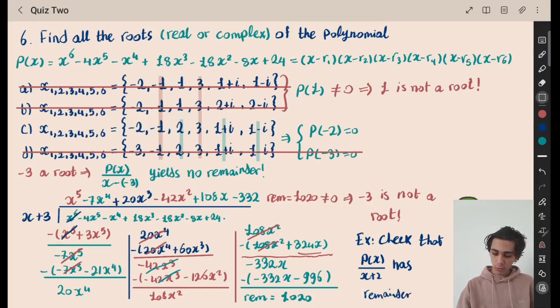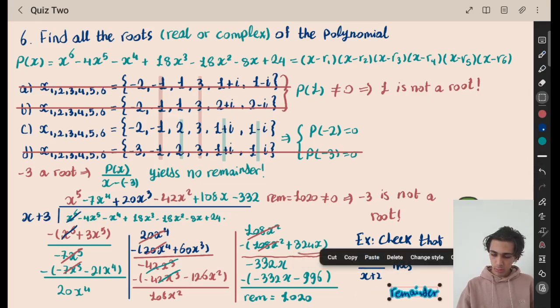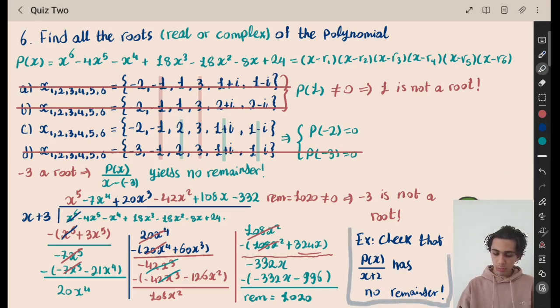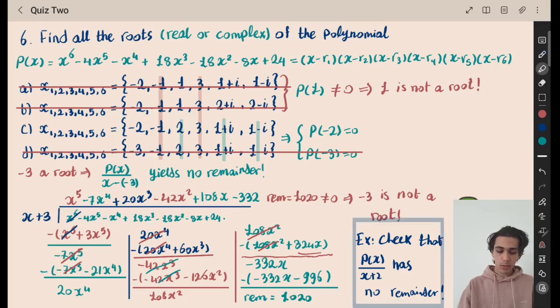I could just say it has no remainder. And a nice exclamation mark. This is a good exercise for you to try out. So the answer indeed will be, as you can see, it will be C.